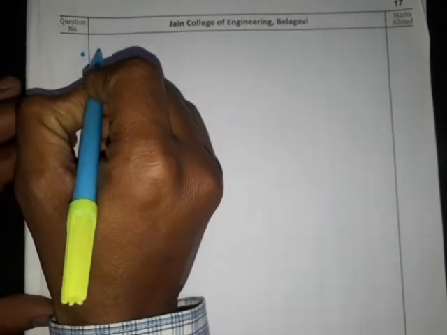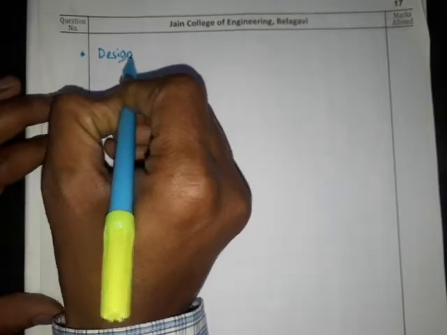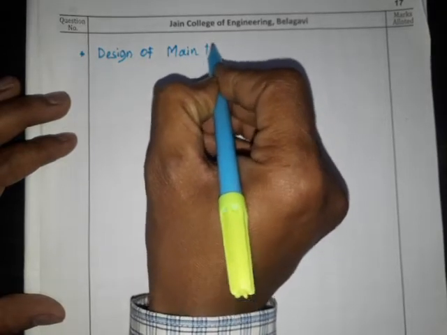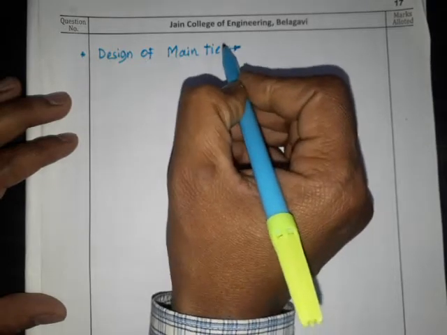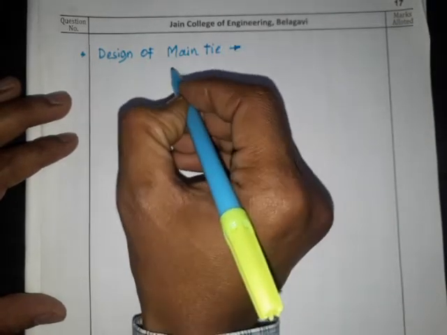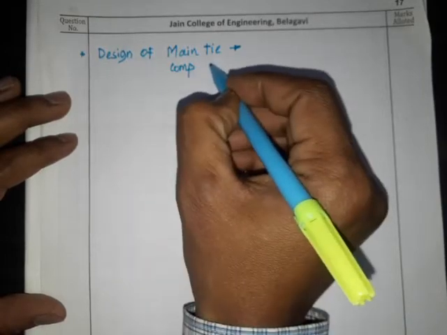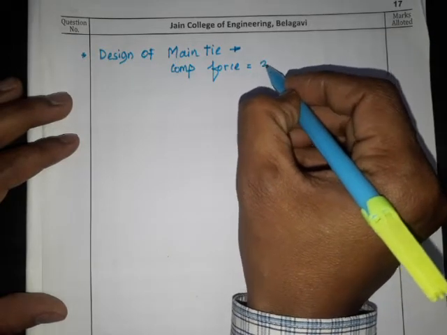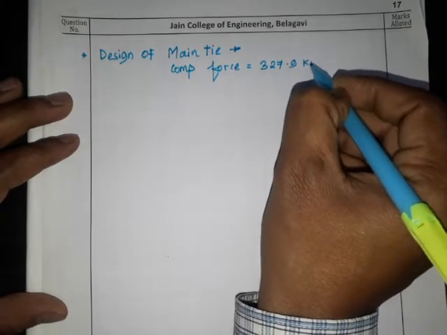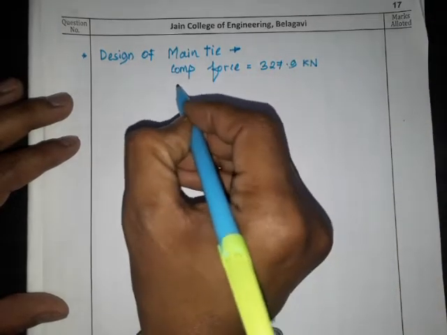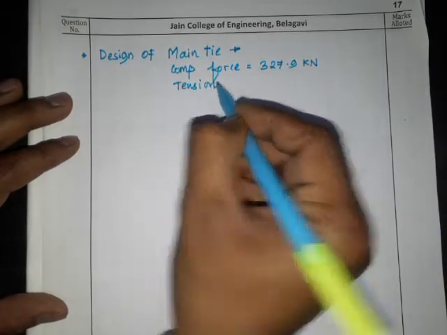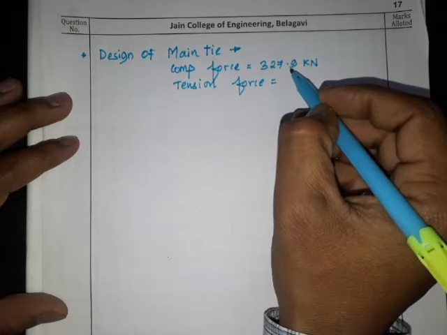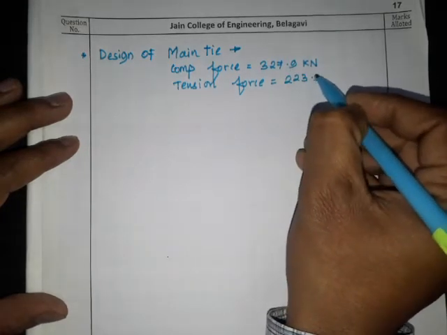So the second member is the design of main tie. The compressive force is 327.9 kilonewton and the tensile force is 223.5 kilonewton.